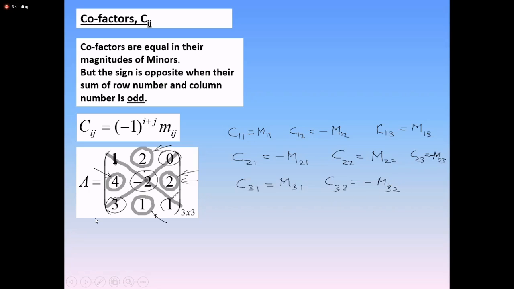This says the last element cofactor is given by the same value as the minor value of that, C33 is equal to M33. So very easy. If you can calculate minor value very quick and correctly, then with very small differences for cofactors, you can take the value for cofactors, right?